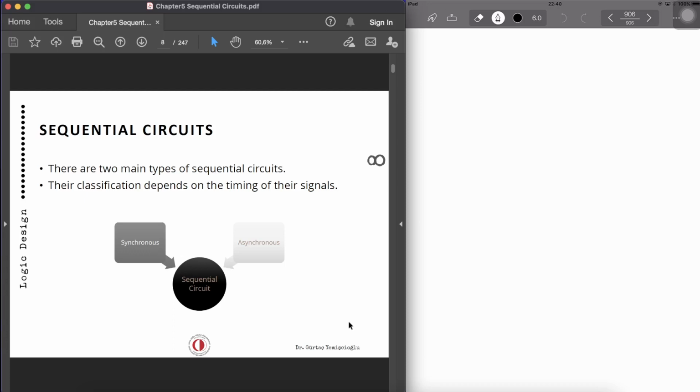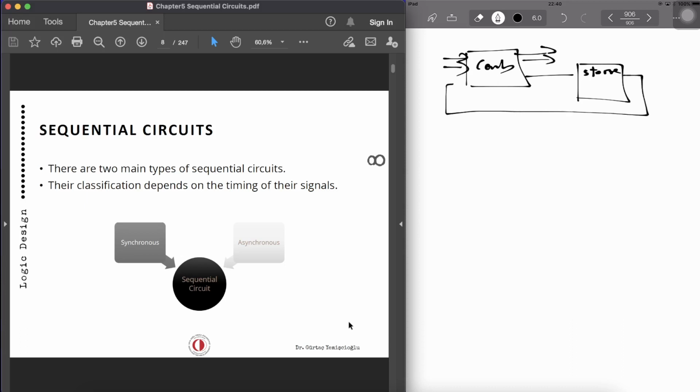So with the asynchronous one, we have the combinational logic, the memory and storage element, inputs, and the feedback path, and we don't have anything else.